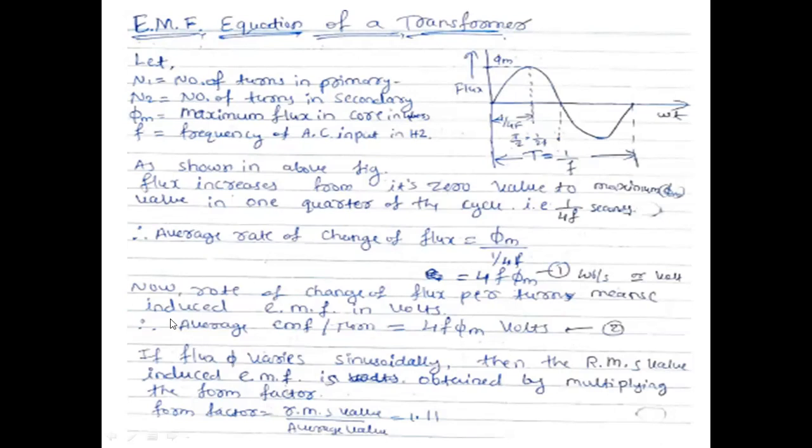Write this in the box, and write this one as equation number 2. So equation number 1 is over, and 2 is over.